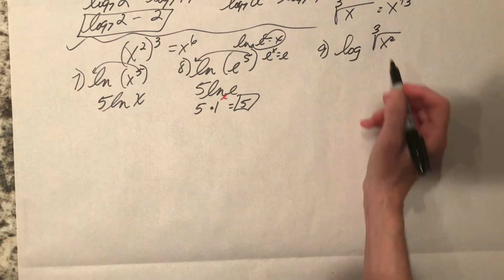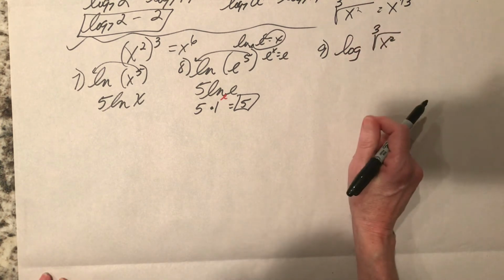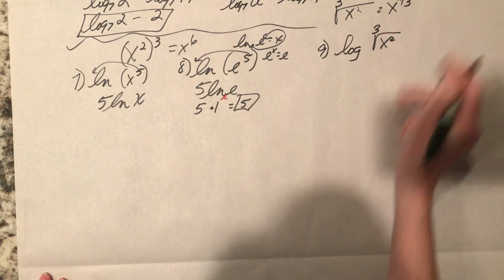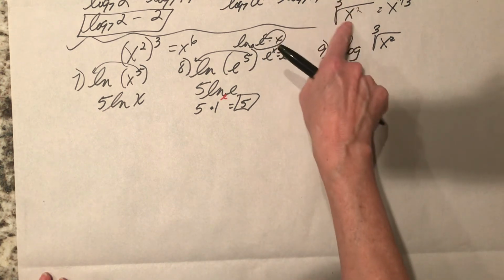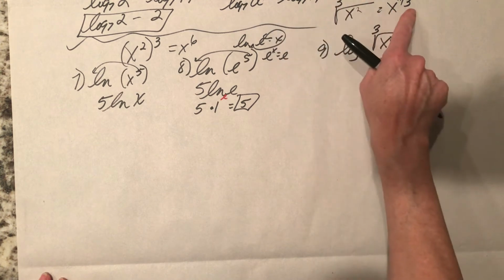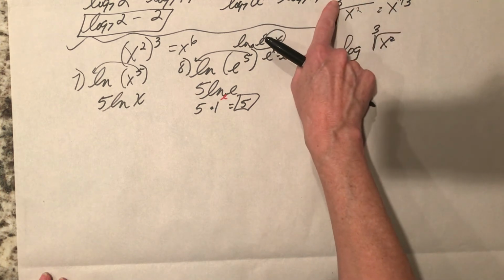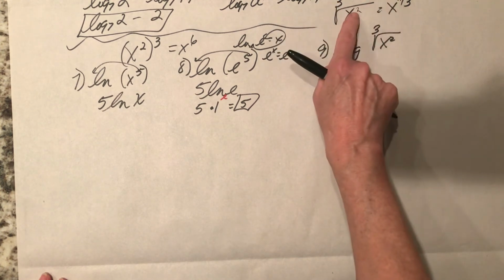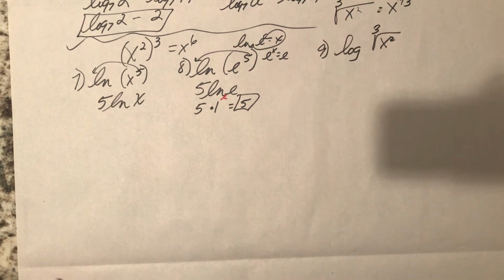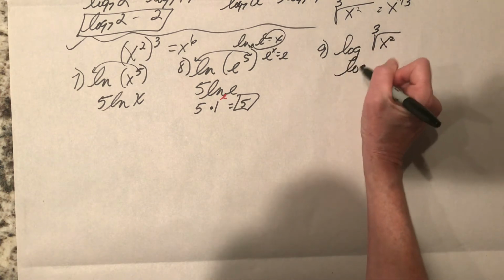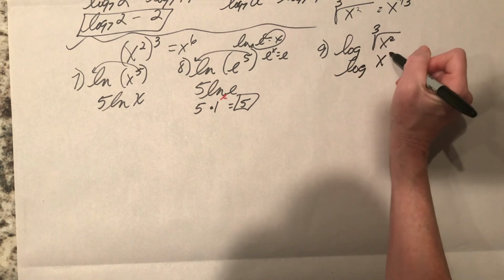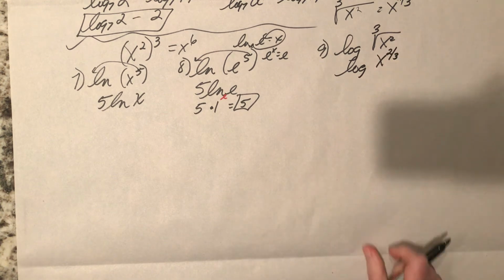What we now have, though, is a 2 right here, and that 2 is going to go up on top in the numerator. So when you're converting a radical, the denominator right here is the index. The numerator will be the exponent that whatever is underneath the radical is raised to. So this is the equivalent of log base 10 of x raised to the 2/3.